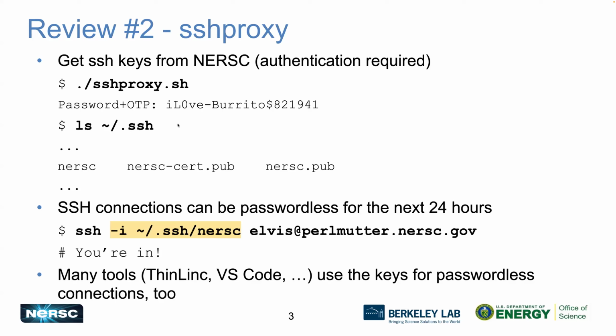Then it will generate three files: the private key, the public key and the certificate. The certificate includes the information about how long these keys are valid. Using these keys, you can connect to Perlmutter by specifying that you are going to use these SSH keys for authentication. If you do that, you are in, so you don't have to type the password and OTP.